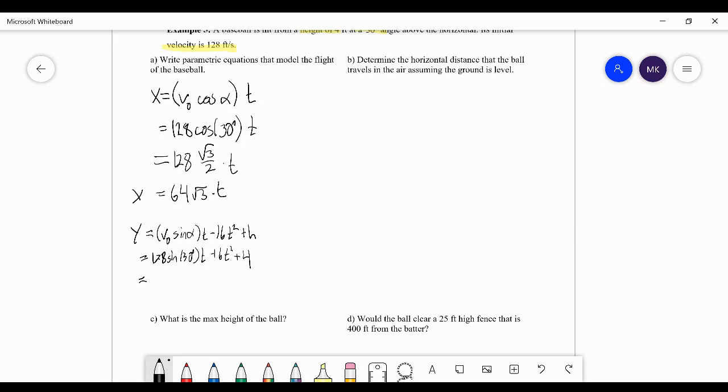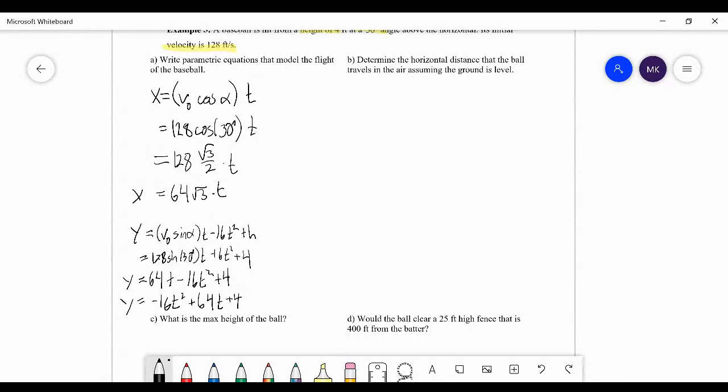So sine of 30 degrees is 1/2. So this is just going to be 64 t minus 16 t squared plus 4. You may want to write this like this, but it is not necessary.